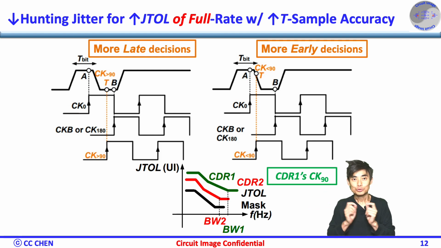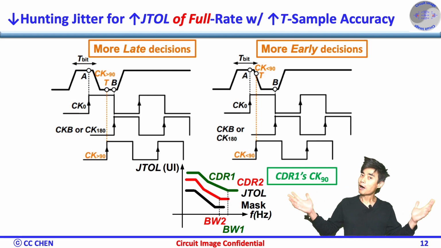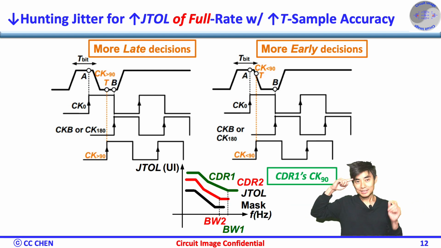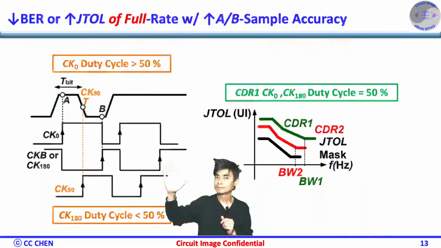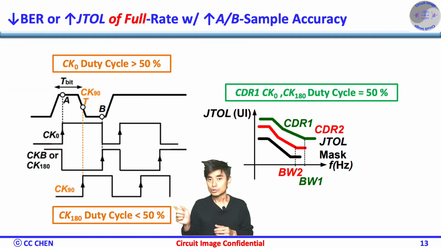In addition to the transition sample, what else could degrade the J-tau? Think about the bit error rate image for 5 seconds. Bingo! Assume the clock phase of the transition sample is very accurate.